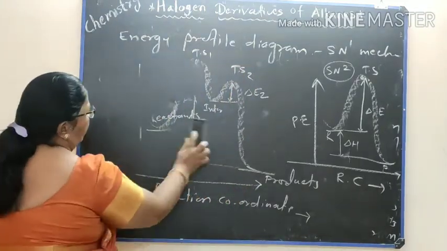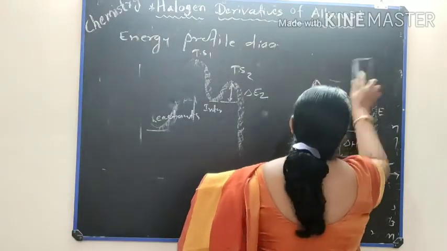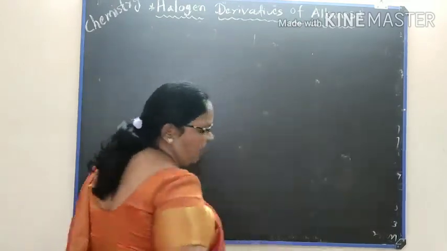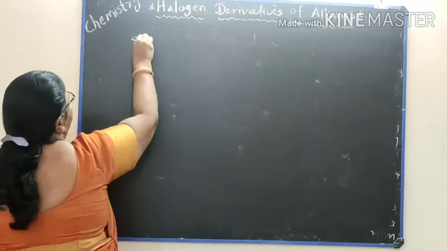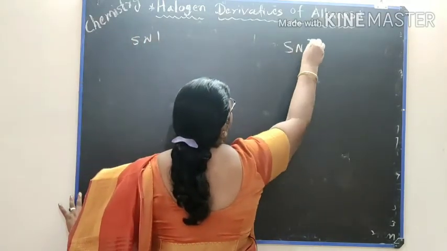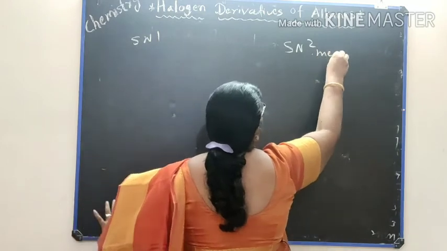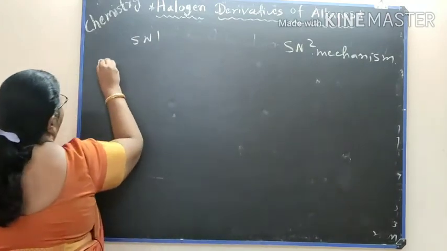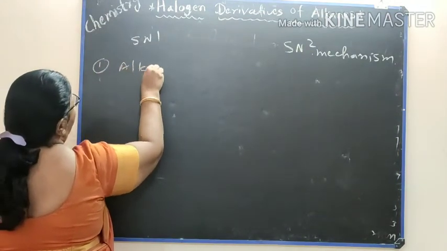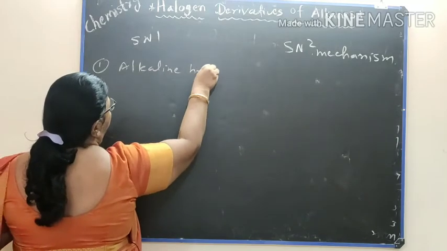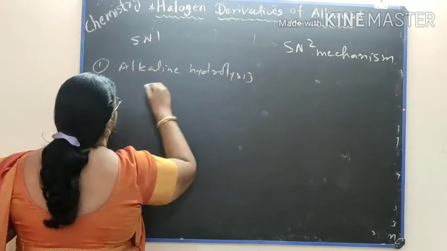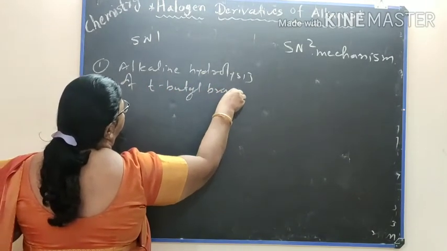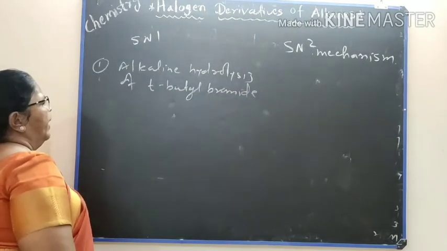Then how can you distinguish the SN1 and SN2 mechanisms? In the SN1 mechanism, alkaline hydrolysis of tertiary butyl bromide takes place.